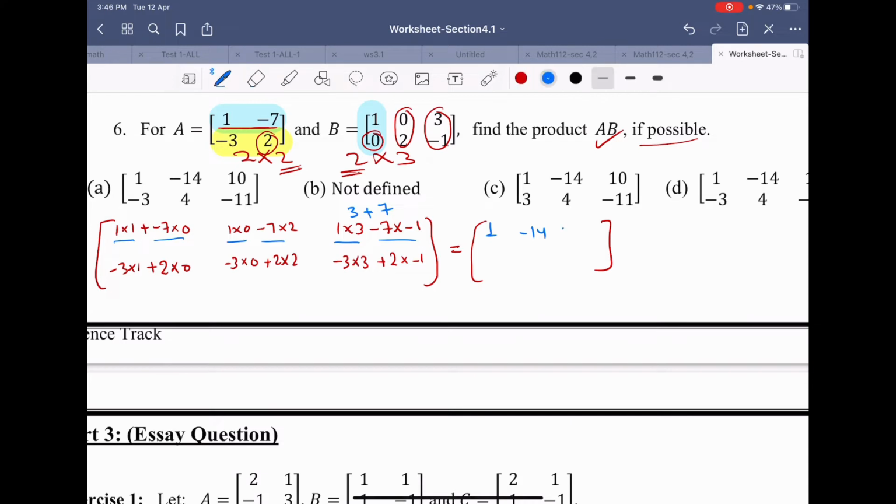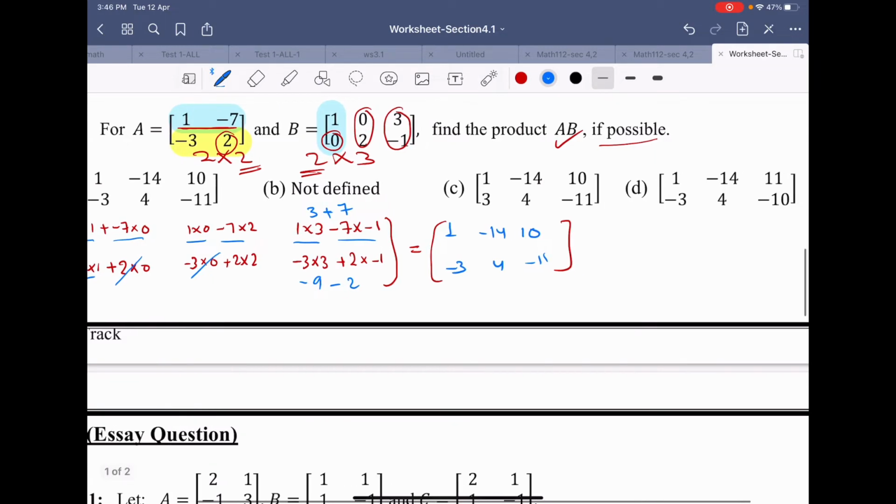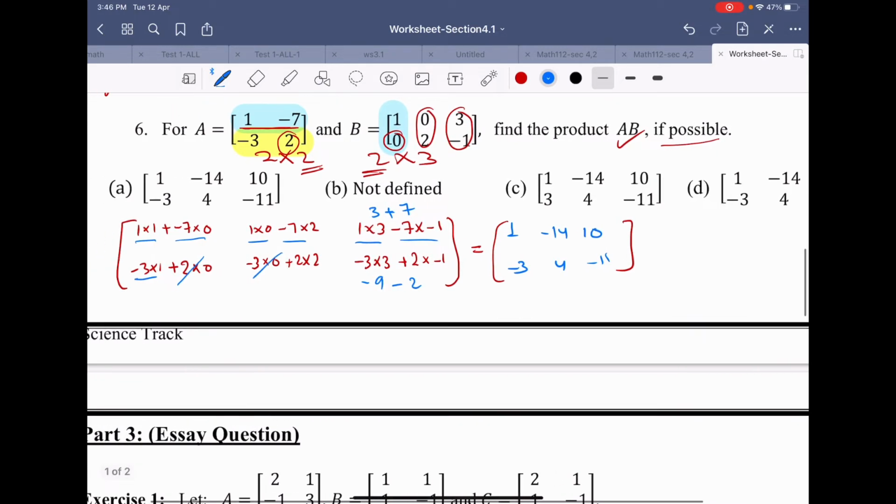This is negative and this is 0. Also this one is 0. So -3 and 4. This is -9 minus 2, which is -11. So the answer is 1, -14, 10, 3, and -3 with 4 and -11. So the answer is A.